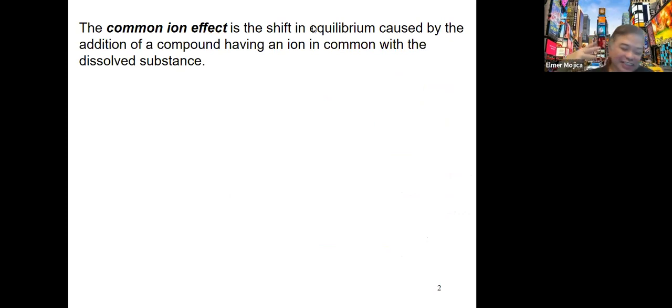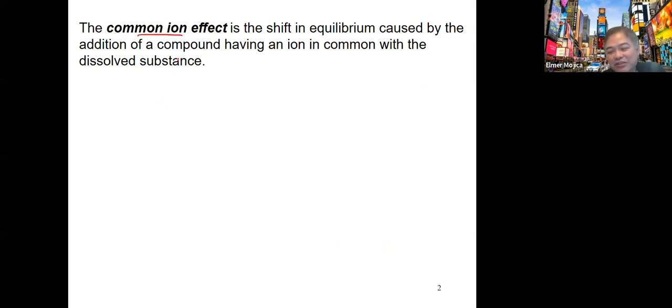Now let's go to the last part of our lesson for today, the buffer. But before we talk about buffer directly, we go to one concept that we have discussed in chemical equilibrium, the effect of stress, the so-called common ion effect.